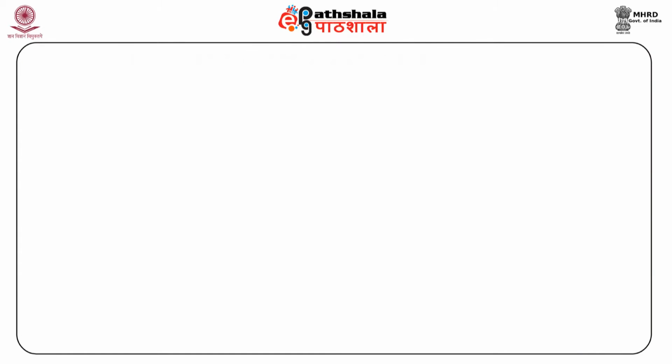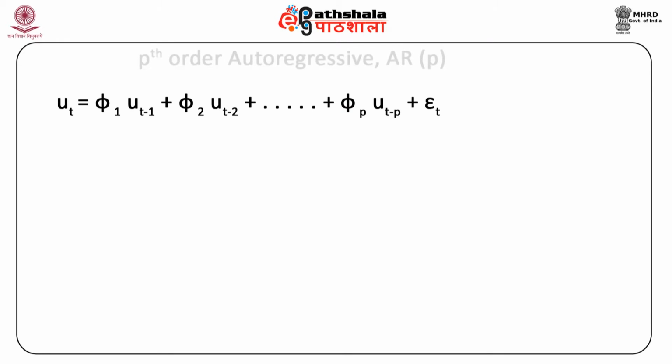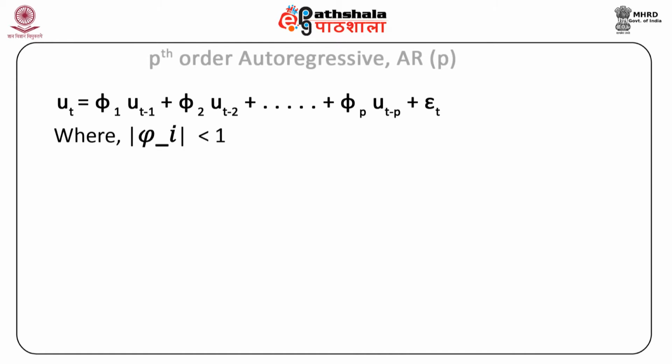In general, a pth order autoregressive, or AR(p), scheme may be defined as follows: ut is equal to phi 1 ut minus 1 plus phi 2 ut minus 2 plus so on up to phi p ut minus p plus epsilon t, where modulus phi i is less than 1.